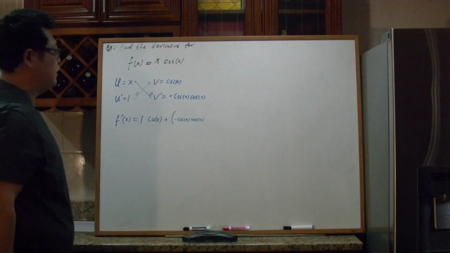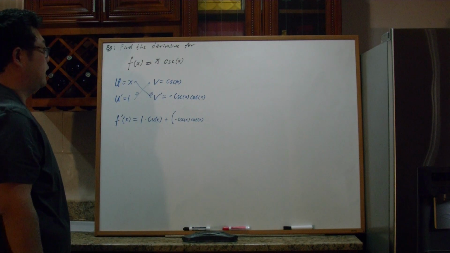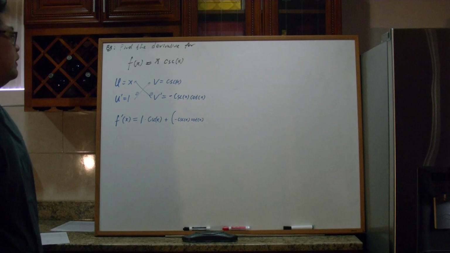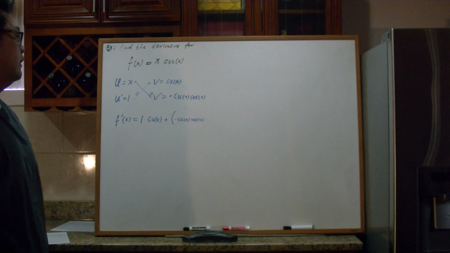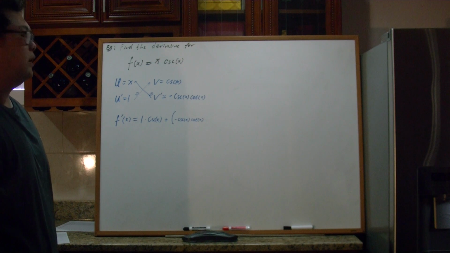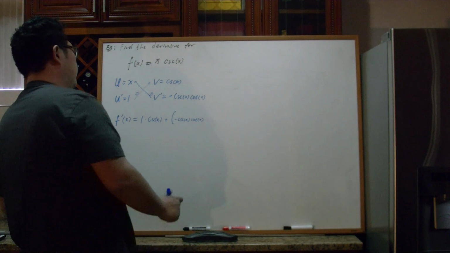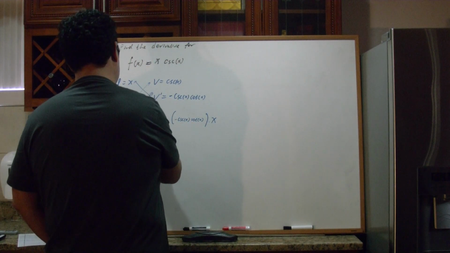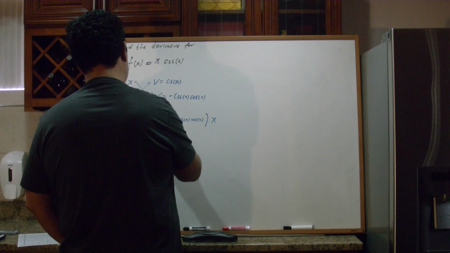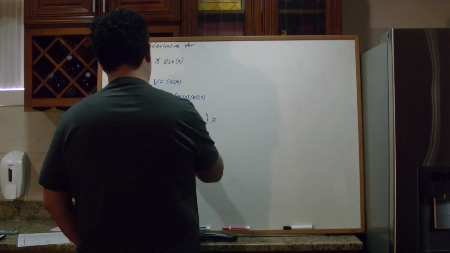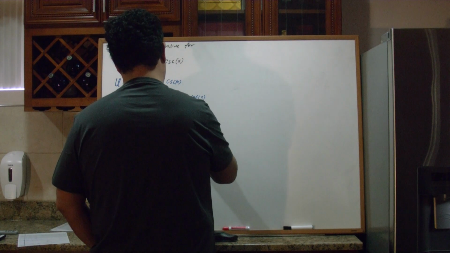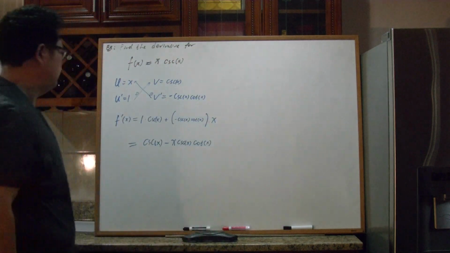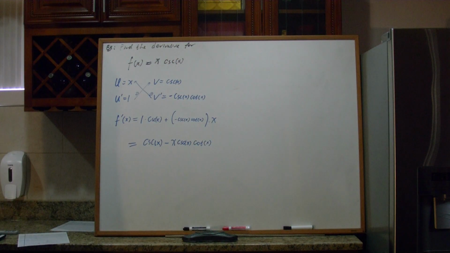Well, I always put in parentheses because that is the value evaluated for the trig functions. So usually put parentheses around your variable. What we get is cosecant of x, negative x cosecant x cotangent x.